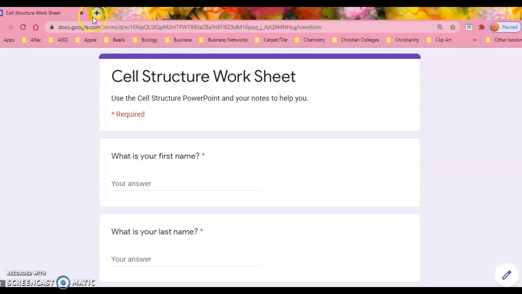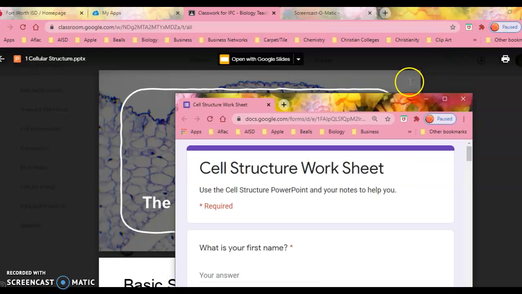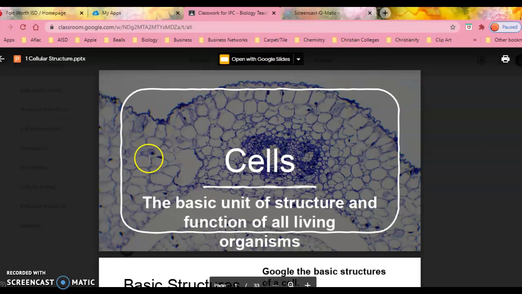Now, you see up here, you don't see any other tabs open. That's okay. What you're going to do is, you see this here? You can hardly see it, but it's there. It's a square. Press on that square and it makes it smaller. Now, let's look at this tab.